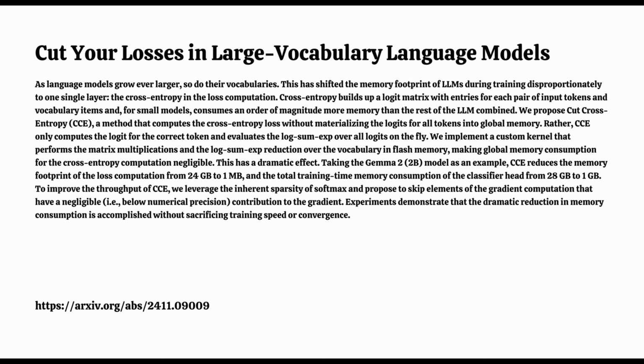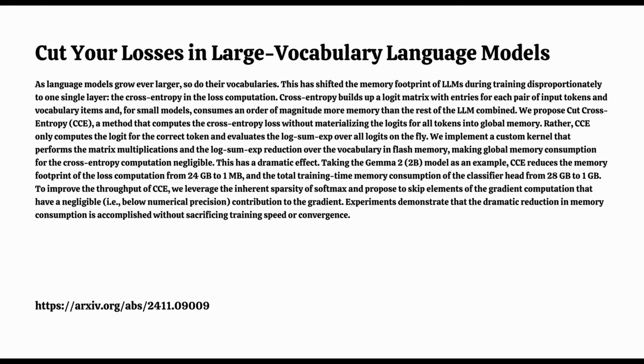But they did mention one factor that seems to affect CCE's performance. It was the ratio of vocabulary size to hidden dimension in the model. What's that all about? It's interesting. As that ratio gets smaller, meaning the hidden dimension is bigger compared to the vocabulary size, CCE's gradient filtering is a little bit less effective.